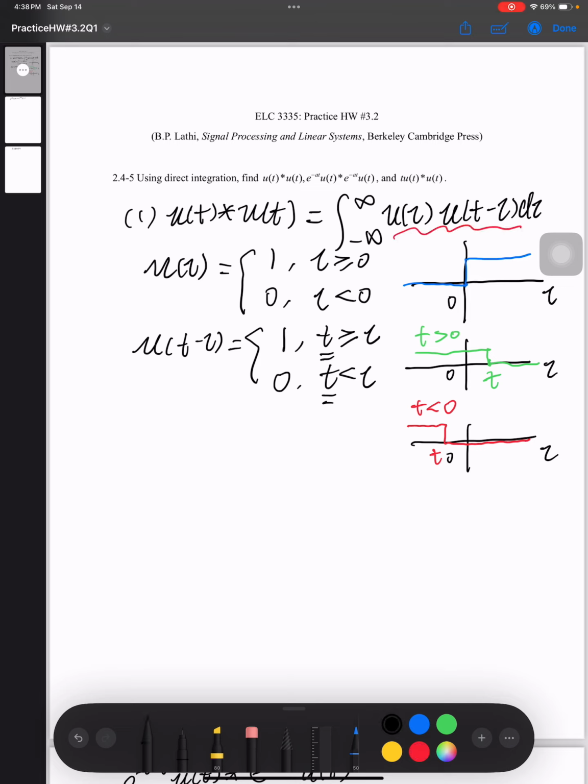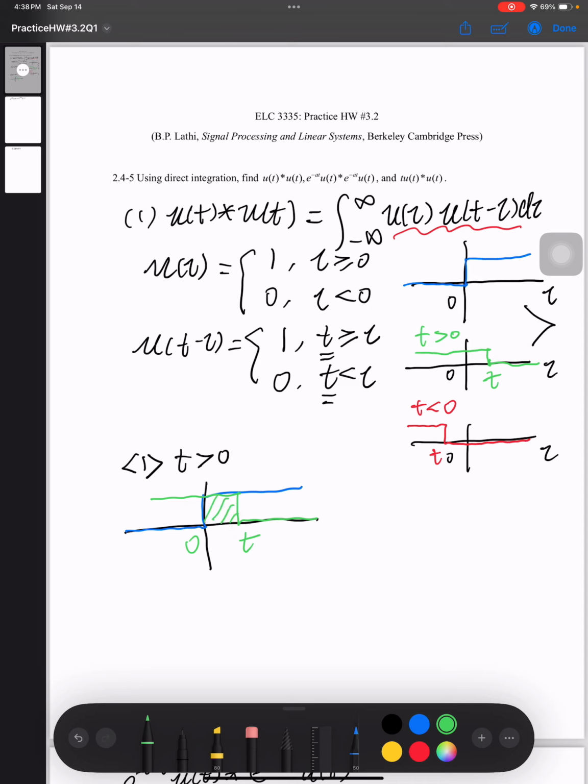So for the first case, once t is larger than 0, we combine these two plots, and we can see the blue one and the green one. This is t and there is 0. We can see these two have an overlap.